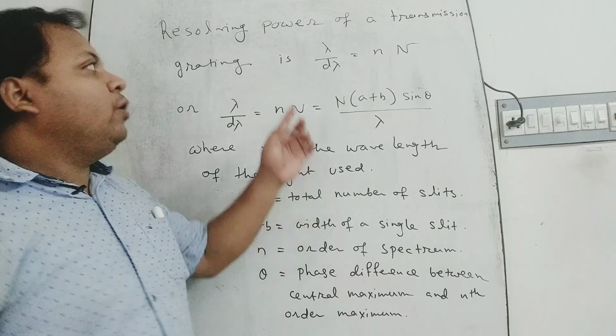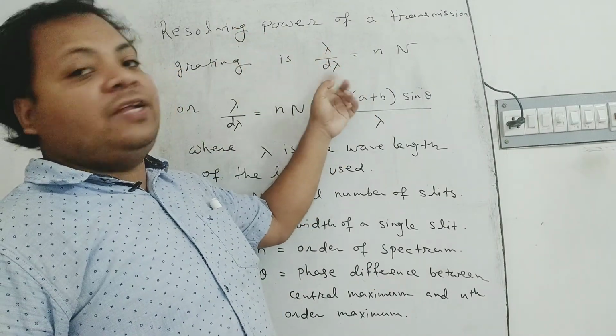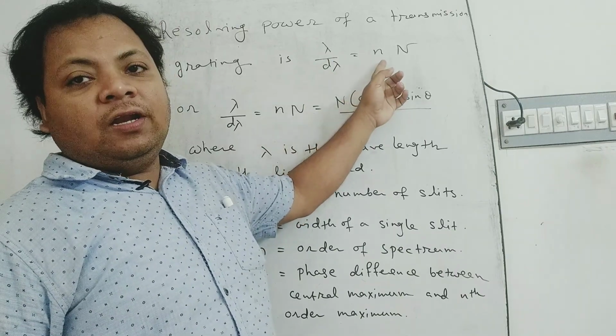Now, the resolving power of a transmission grating is equal to lambda by d lambda.